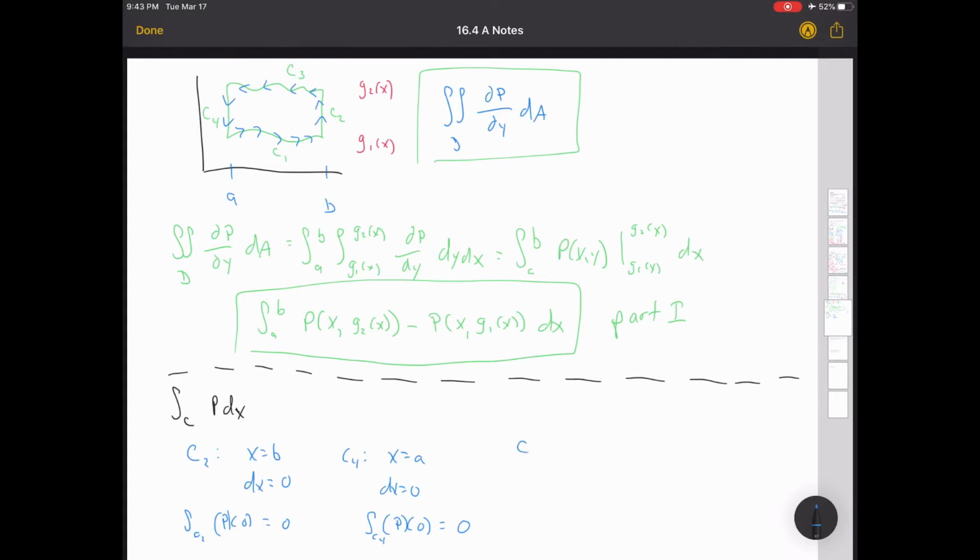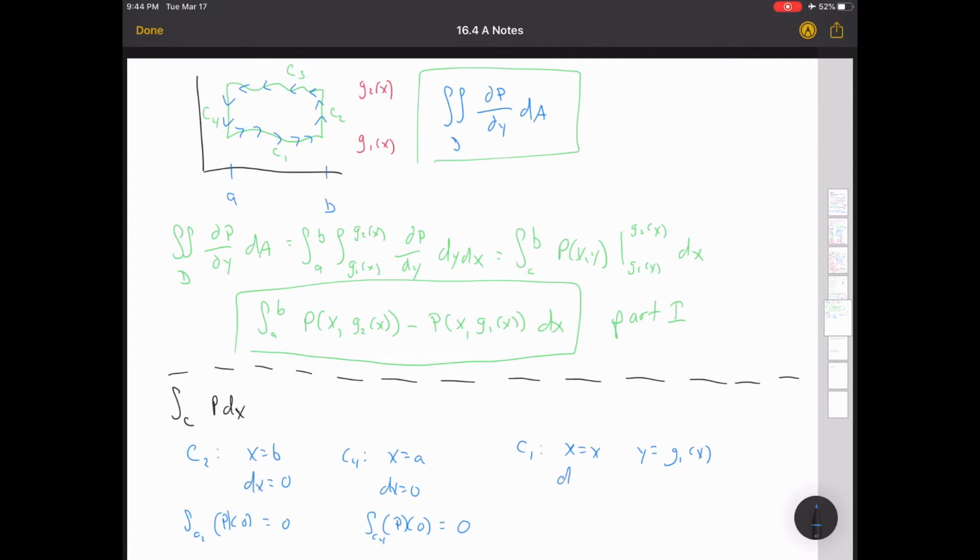So let's take a look at C1. C1 is the one that has the g sub 1 of x. So for C1, we're going to let x simply equal x, and we're going to let y equal g1 of x. Because we don't really need the y part, we're not going to have to concern ourselves with finding the derivative there.